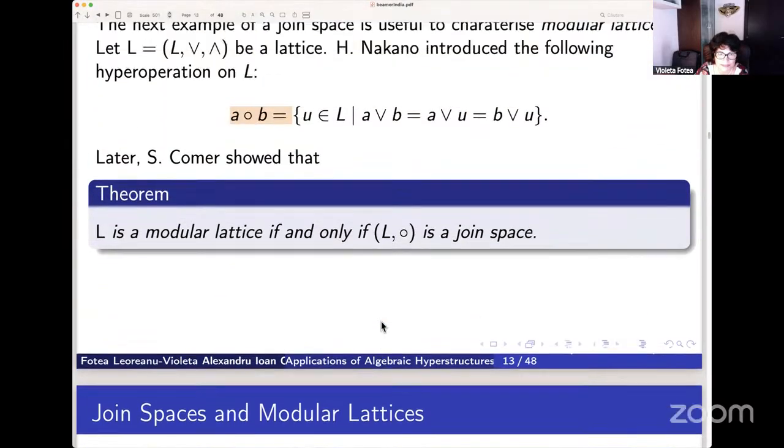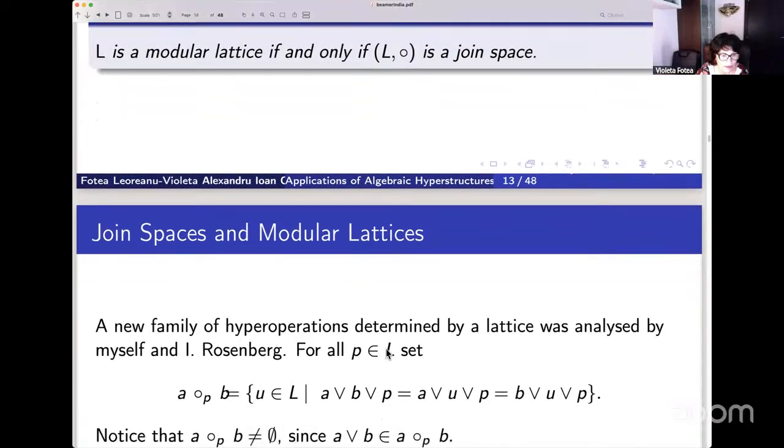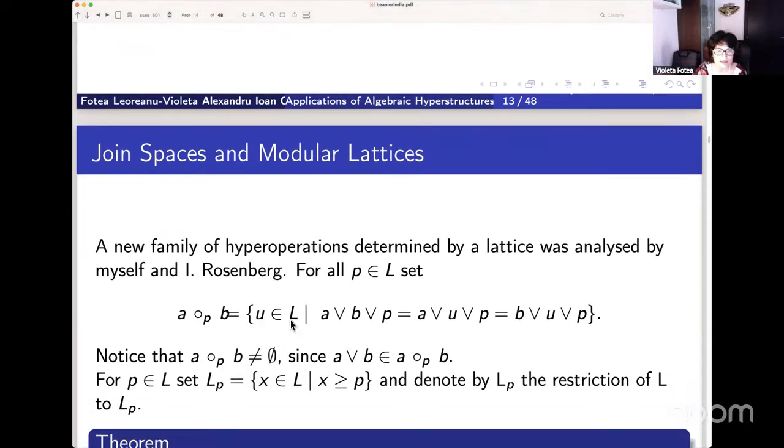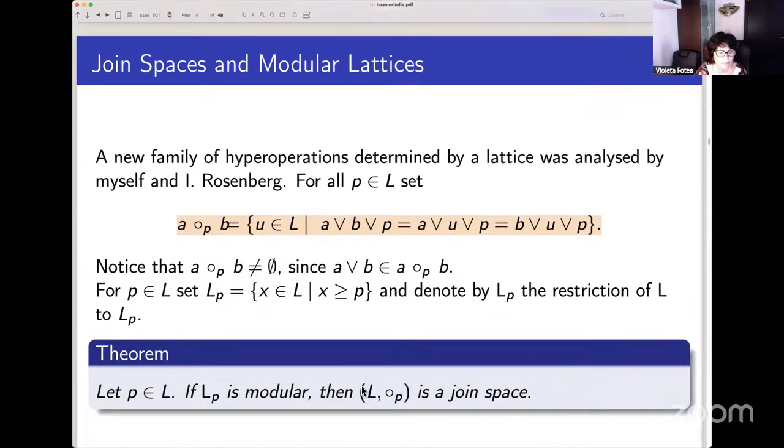Also, for the second hypercomposition, Rosenberg and I defined a family of hypercompositions in this way, starting with an element P of L, and we also consider particular cases for P. If we denote by L_P the set of all elements bigger or equal than P, we obtain that L_P is modular if and only if L, endowed with circle P, is a Jones space.